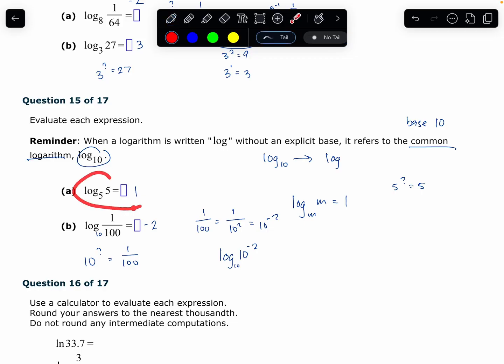And I can use the same property that I used right here. Log base 10 of 10 to the negative 2. If the log base is the same as the argument, that must equal 1. In a sense, they just cancel each other out. Log base 5 of 5, they cancel not to 0, but to 1. And that's what we mean by cancel. So log base 10 of 10, well, that just cancels to be 1. I'm going to be left with negative 2. So that's one way you can also look at it, is try to match up the bases of these numbers right here.